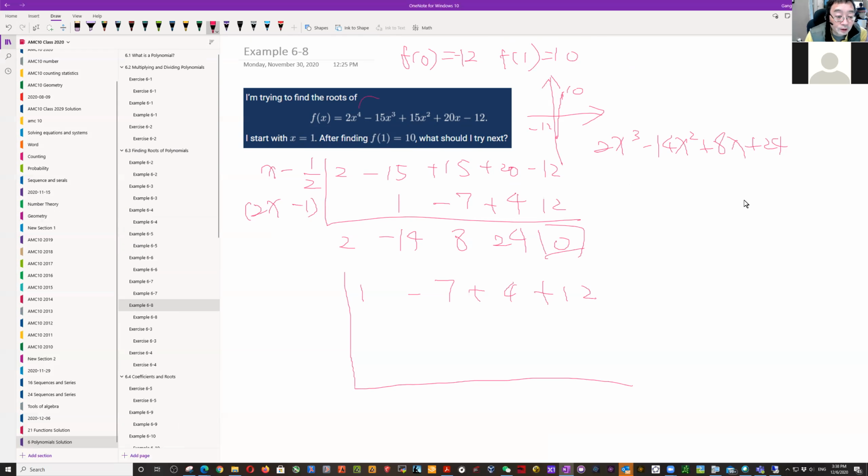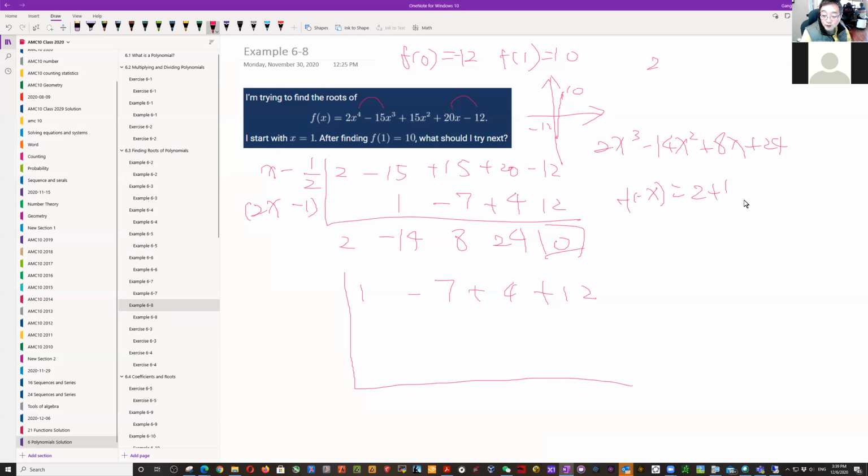So this is 1 sign change and 2 sign changes. So basically, it could have at most 2 positive solutions. And then if we do f of negative x, let me just write down the coefficients.